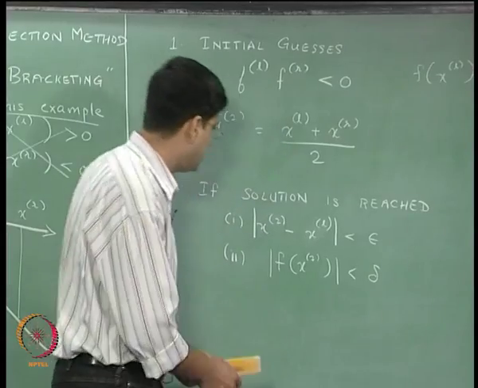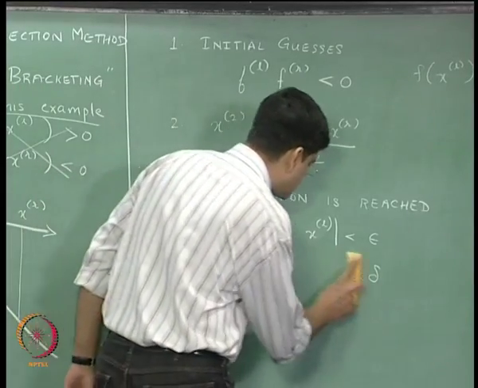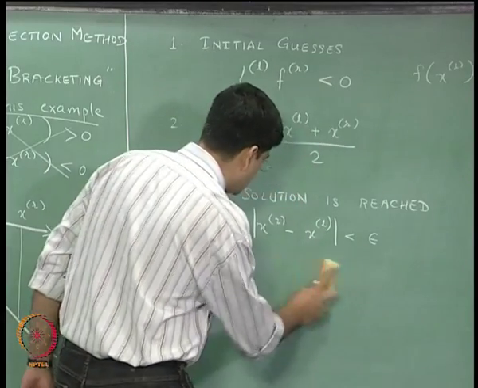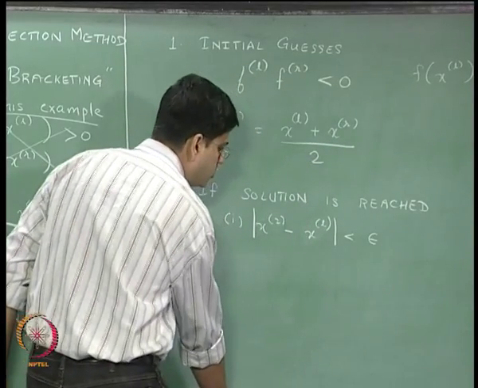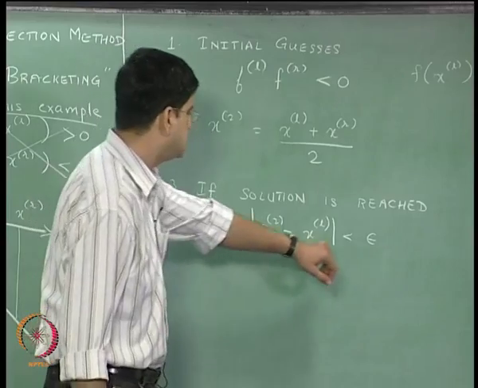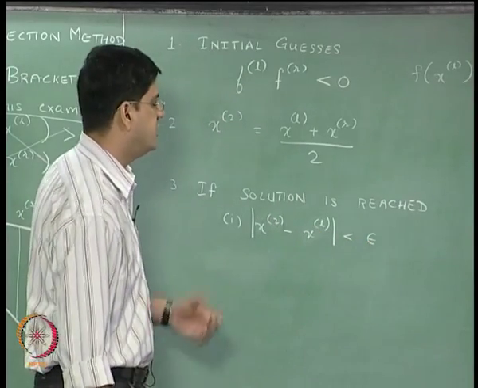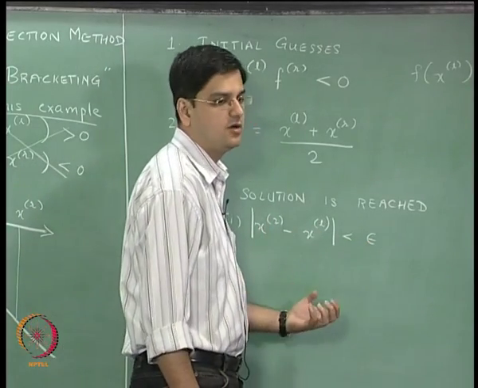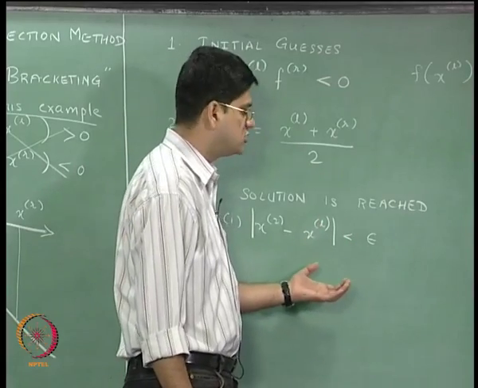So from this point onwards, I am just going to talk about the first criterion, whether the new solution is close enough to the old solution, and this epsilon value is something that we need to predetermine, depending on how exact we need our solution to be.